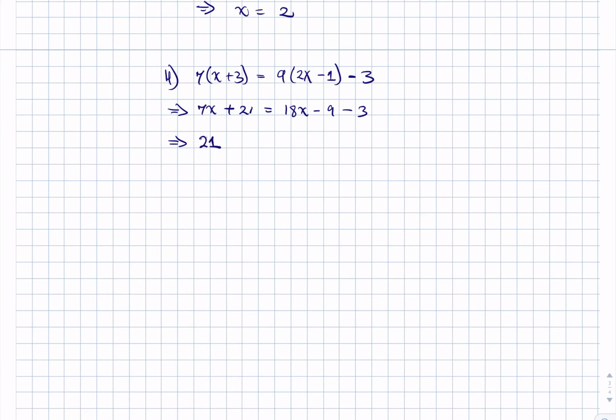Then this implies that 21 plus 9 plus 3 is equal to 18x minus 7x, after bringing 7x from the left-hand side over to the right-hand side. This then gives us 21 plus 12 is equivalent to 11x, which means 33 is equal to 11x, a basic equation, which means that 33 divided by 11 is equal to x, thus demonstrating that an intermediary linear equation can be simplified down to a basic linear equation, and then we can solve that simply.